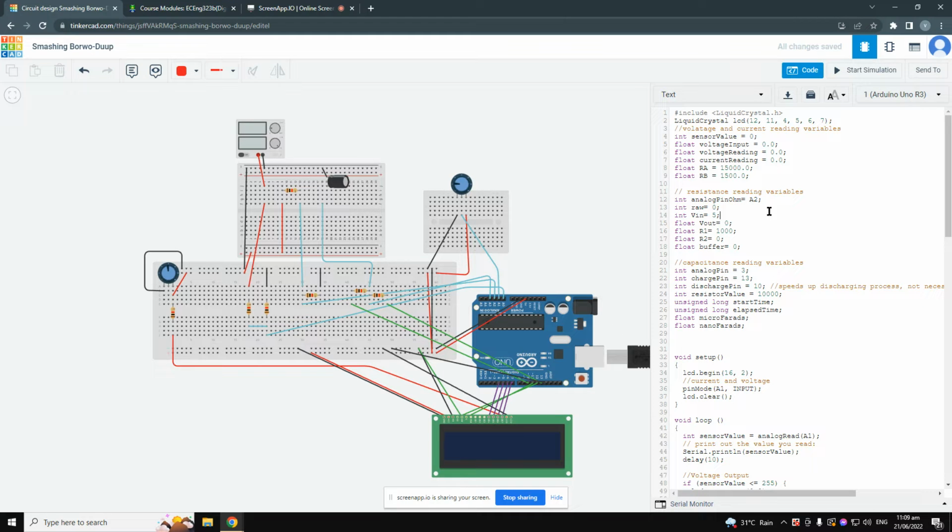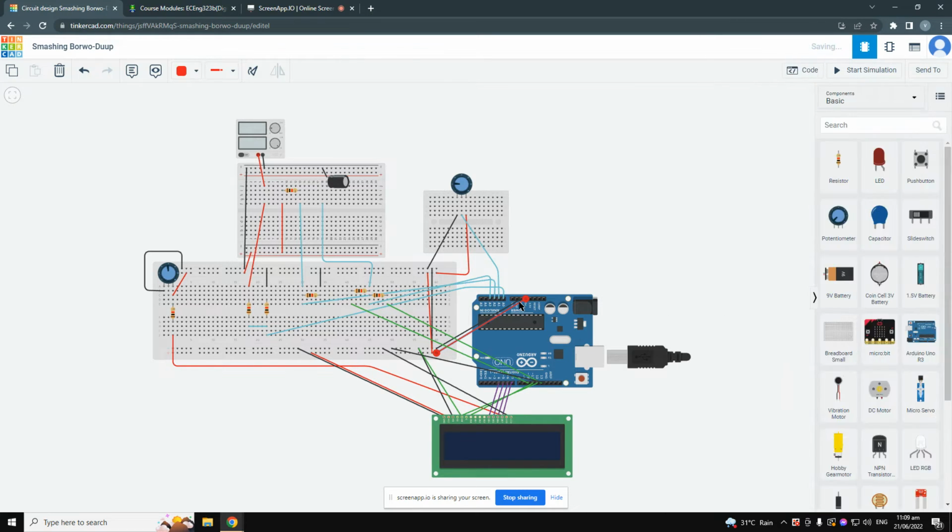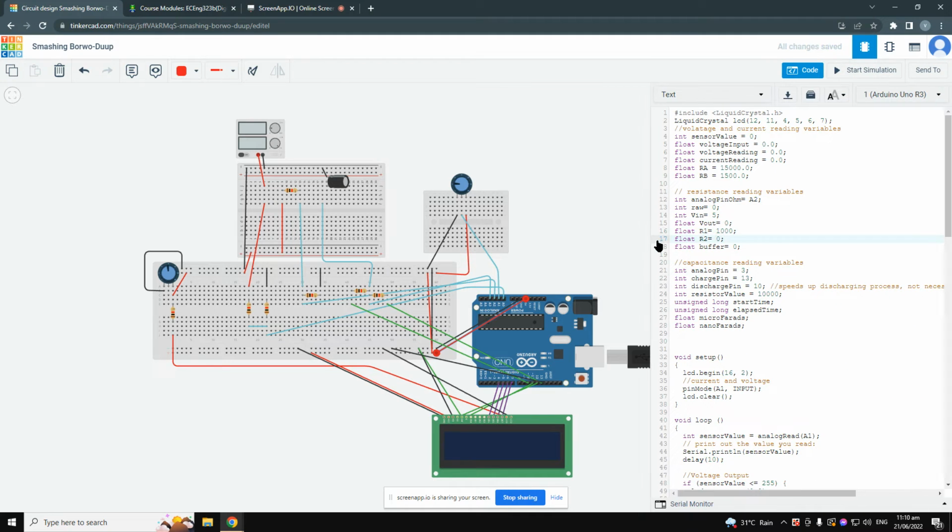Int analogPinOhm equals A2, that's pin A2 here, and then int raw equals 0, int Vin equals 5, which is the 5 volts here, and Vout equals 0, which is the ground. Float R1 equals 1000.0, float R2 equals 0, then float buffer equals 0.